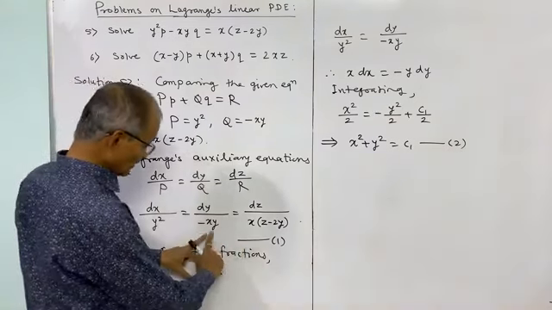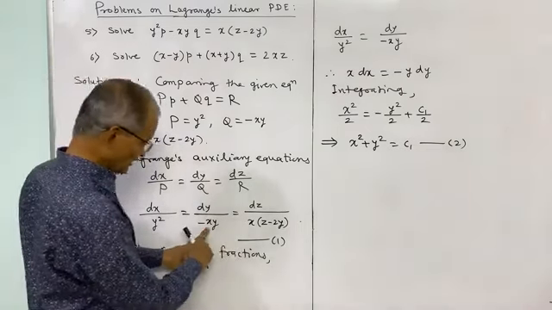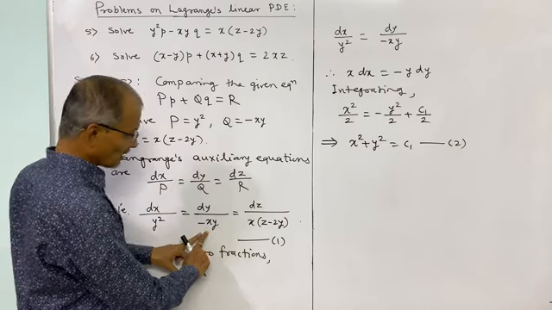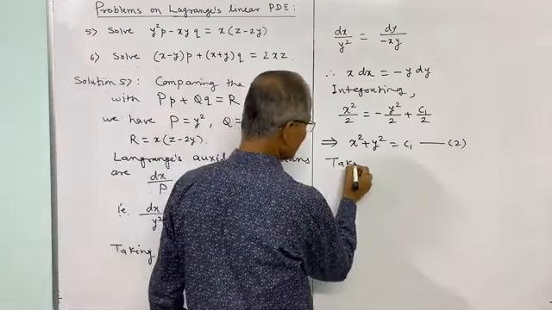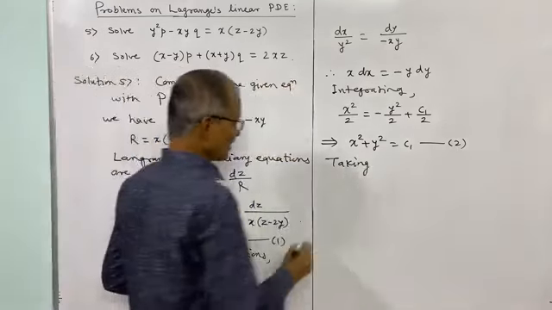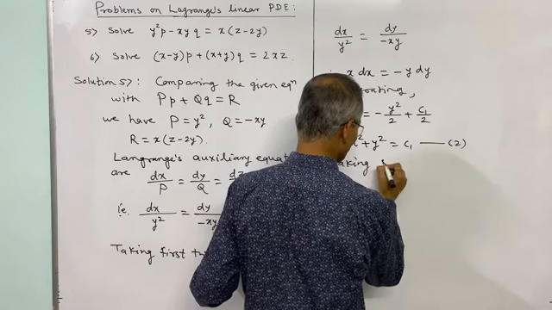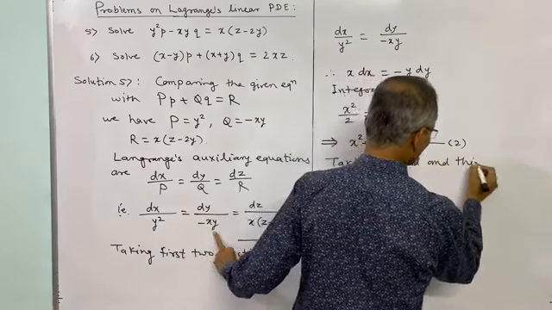But if you see the second and third fraction, then x can be cancelled. So we take the second and third fractions. This is to be done by observation or by trial and error method.